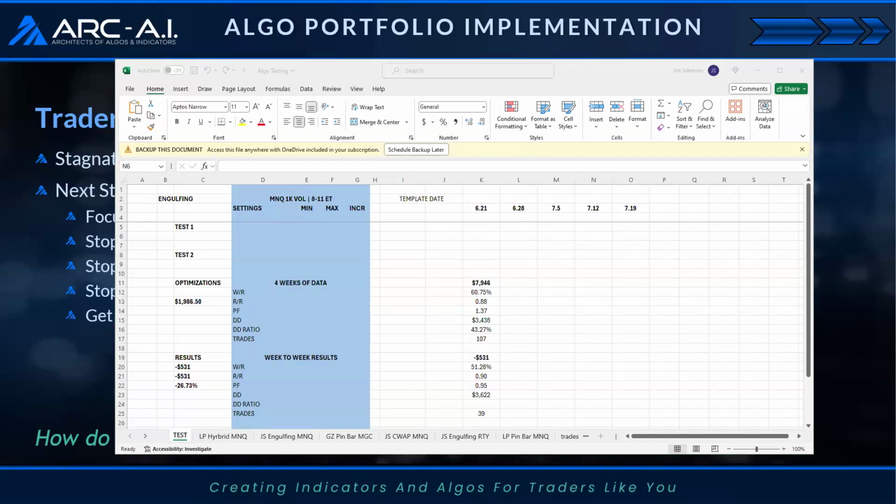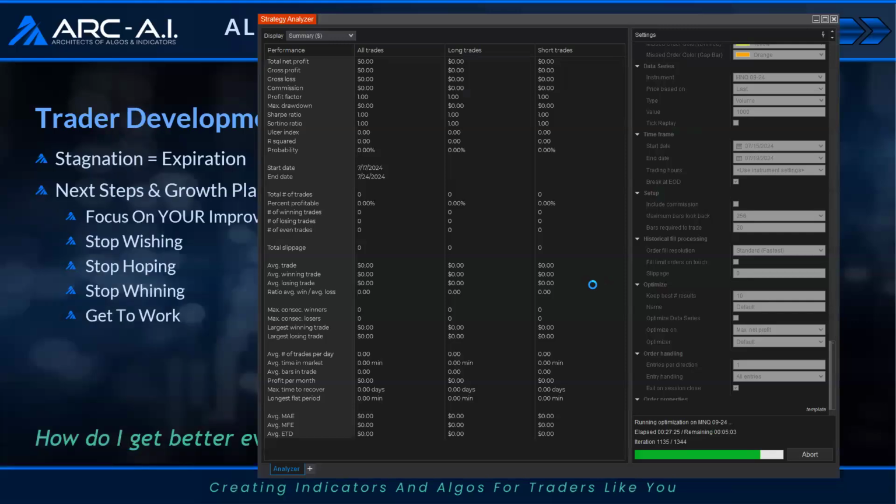I'm going to close out some of these charts as well, just because it's taking bandwidth from Ninja. Oh, that's why. Our back test is still going. So there it is. Got about 5 minutes left, supposedly. That's why Ninja's running so slow. It's like, what is the deal? Bear with me here, guys.